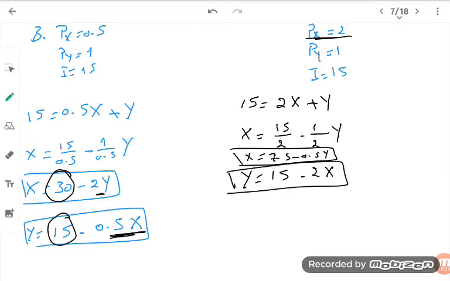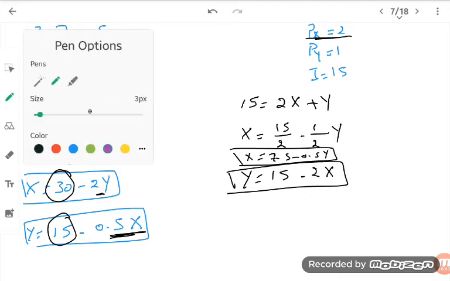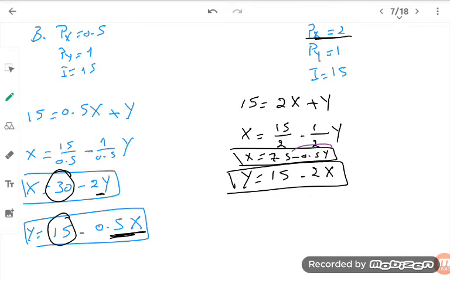So now we are going to illustrate this graphically by substituting 0 instead of y. So the value of x will be 7.5. And in equation number 3, we are going to substitute 0 instead of x. So the value of y will be 15.